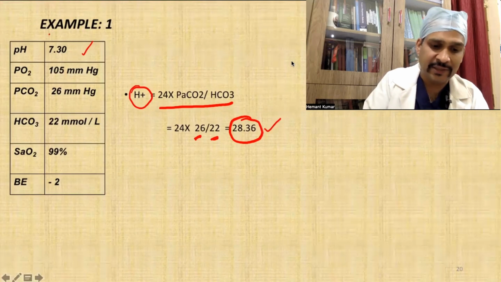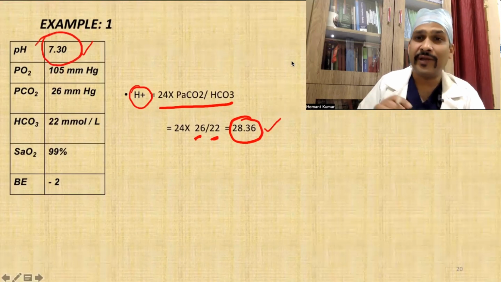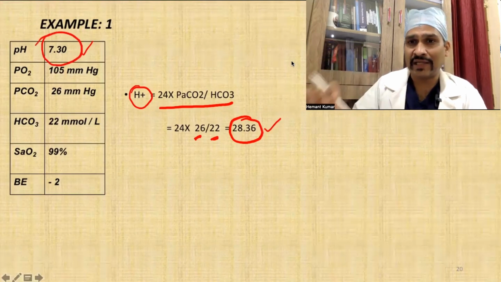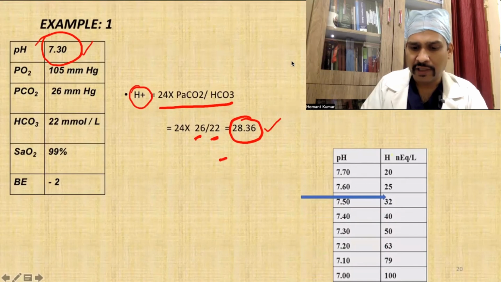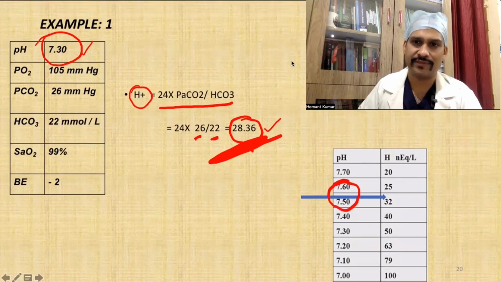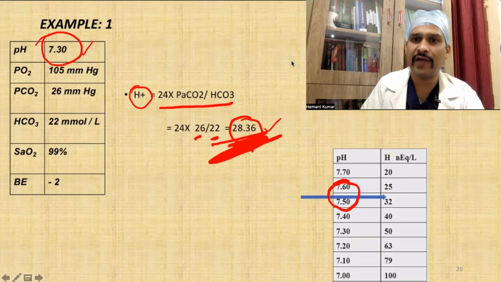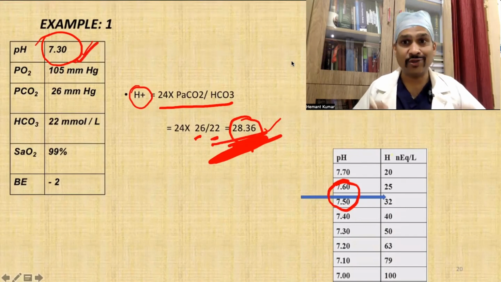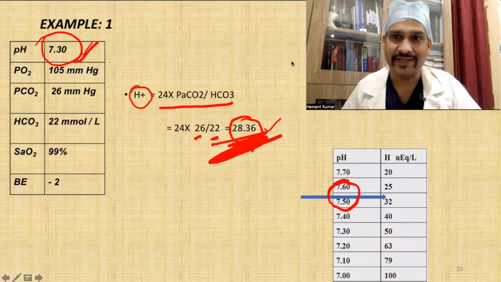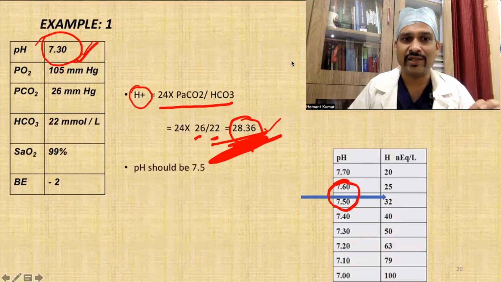And we have to see in the table the H+ concentration at this pH. At 28.36, the pH should be between 7.5 and 7.6. But our pH is 7.3. So it is not equal, it is different. So this ABG is not valid.